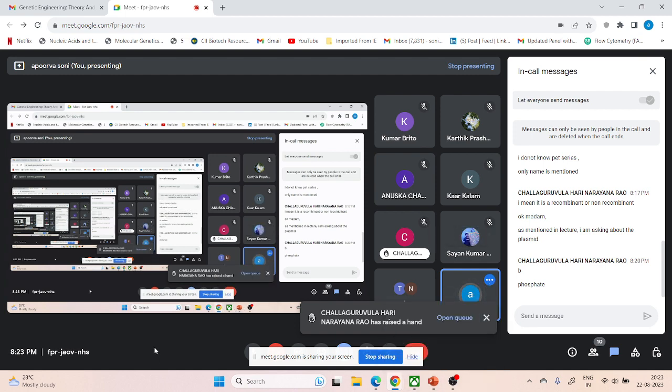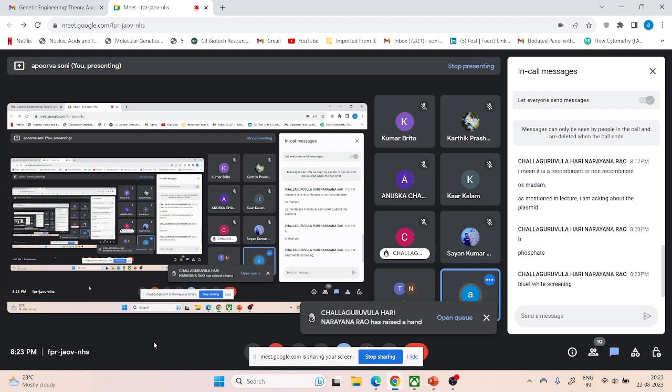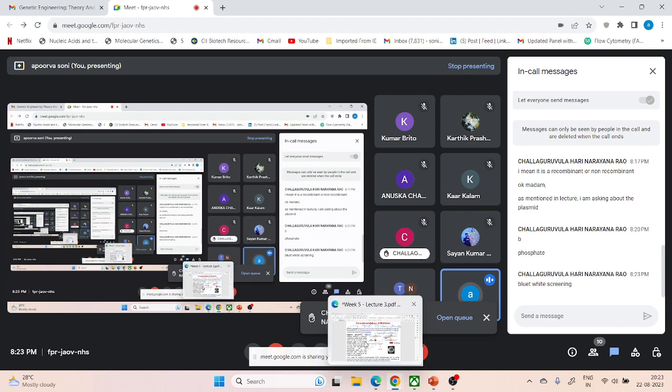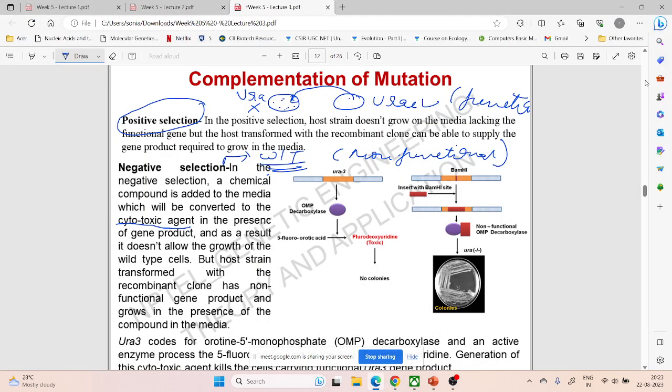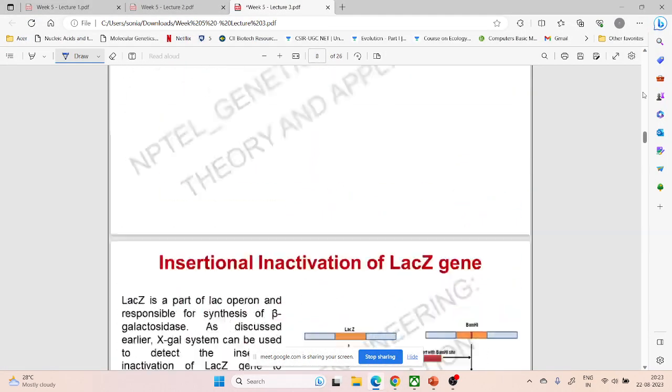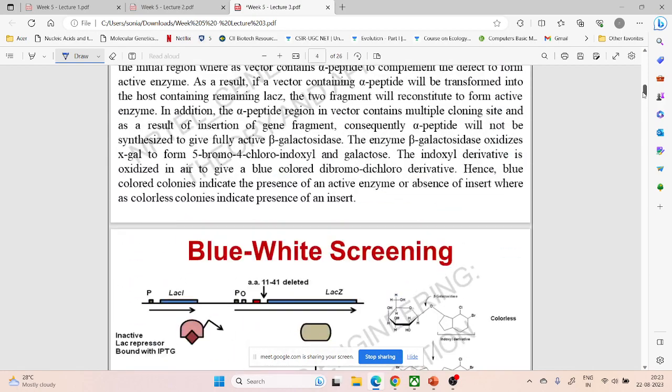Any topic that you could not understand from the previous week's lecture, we'll take up. Blue white screening. Okay, so first we'll start with blue white screening.